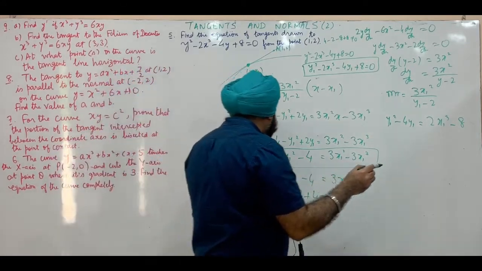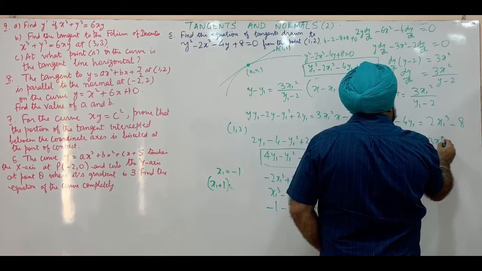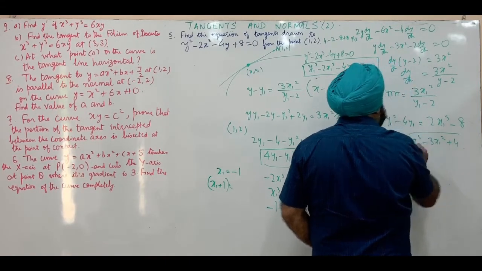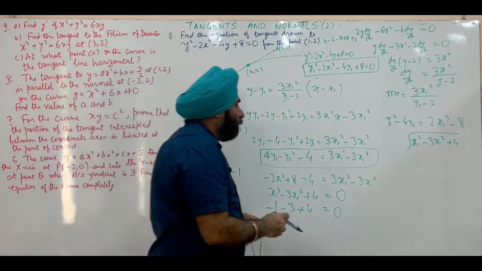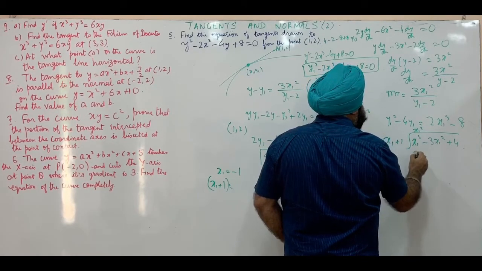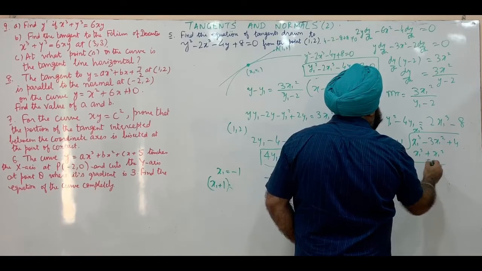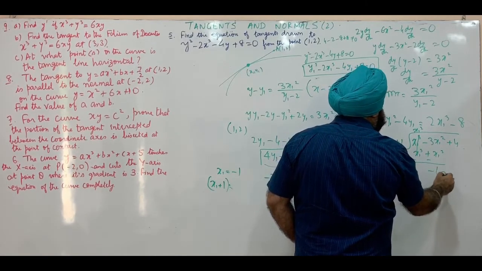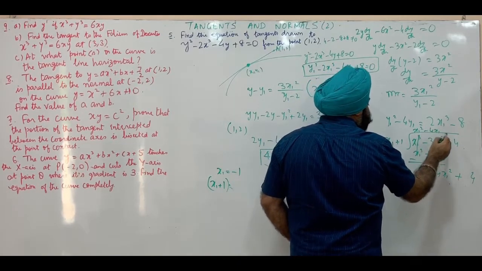So let us divide the cubic x1 cube minus 3x1 square plus 4. This will be divisible by x1 plus 1. So this is x1 plus 1, x1 square. This is plus x1 square. Subtracting, this will cancel out. This is plus 4 minus 4x1.